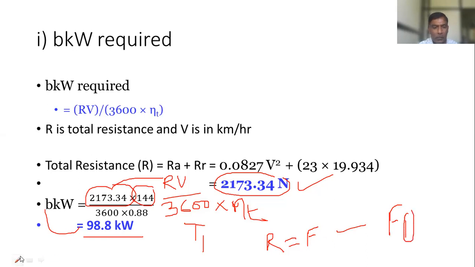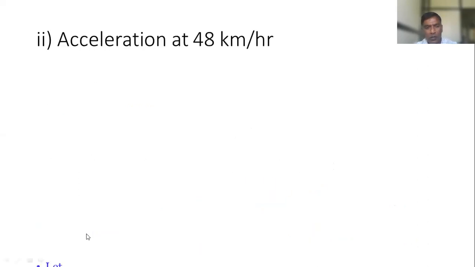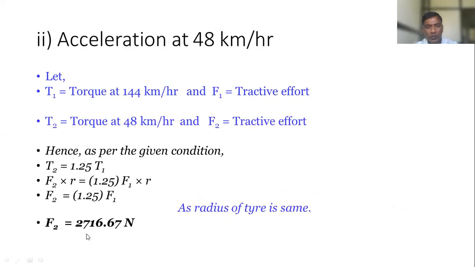Did you understand, Sachin? Yes, sir. Okay. So based on this, we got F2 is equal to 1.25 into F1. So here you can write, here I will add one more step. F2 is equal to 1.25 into 21.73.